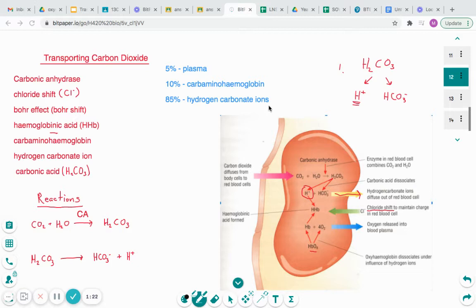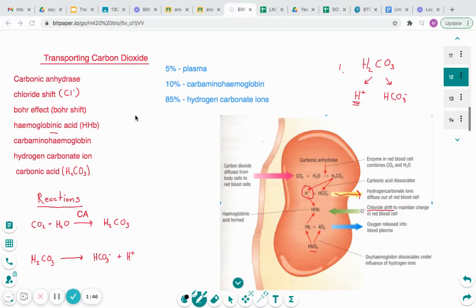We're also going to link this part of the unit back to the oxygen or hemoglobin dissociation curves, because CO2 affects it, and we call this effect the Bohr effect. It's all to do with the fact that when CO2 builds up in the bloodstream, it causes the blood, that environment, to become acidic.